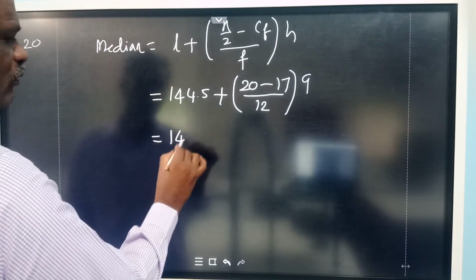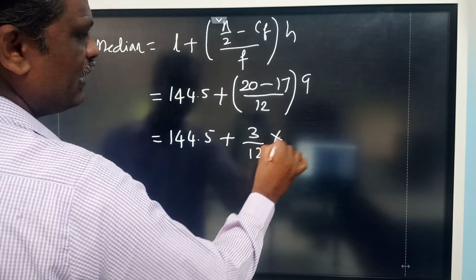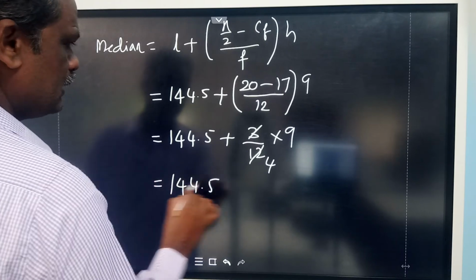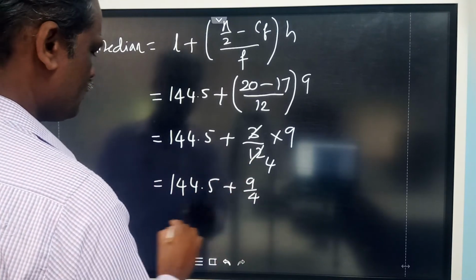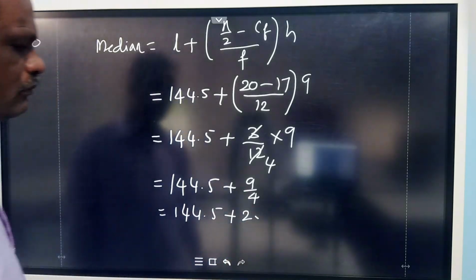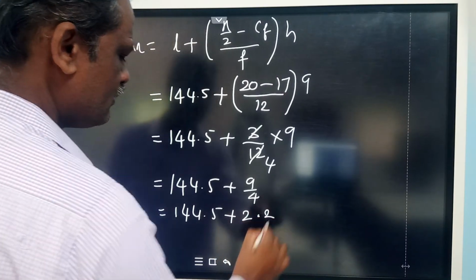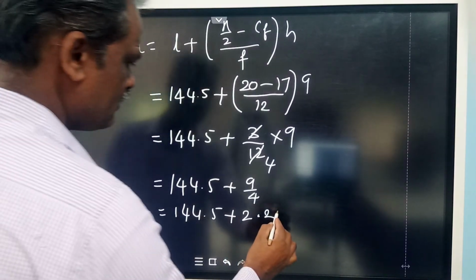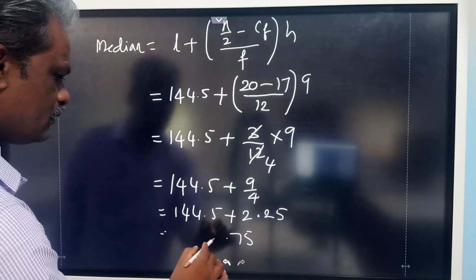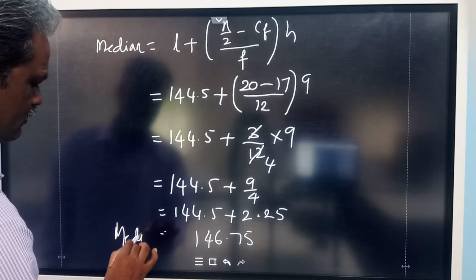Simplify this: 144.5, 20 minus 17, it is 3 by 12 into 9. 3 ones are 3, 3 fours are 12. So 144.5 plus 9 by 4. 4 2s are 8, remainder 1, 10, 4 2s are 8, 2, 20, 4 5s are 20. So it becomes 2.25, and 144.5 plus 2.25 gives 146.75. So this is the median.